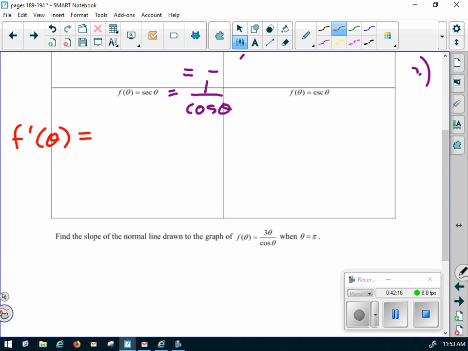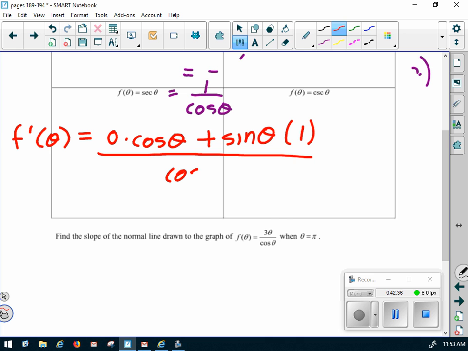Derivative of the top, 0, times the bottom, minus the derivative of the bottom times the top, over the bottom squared.